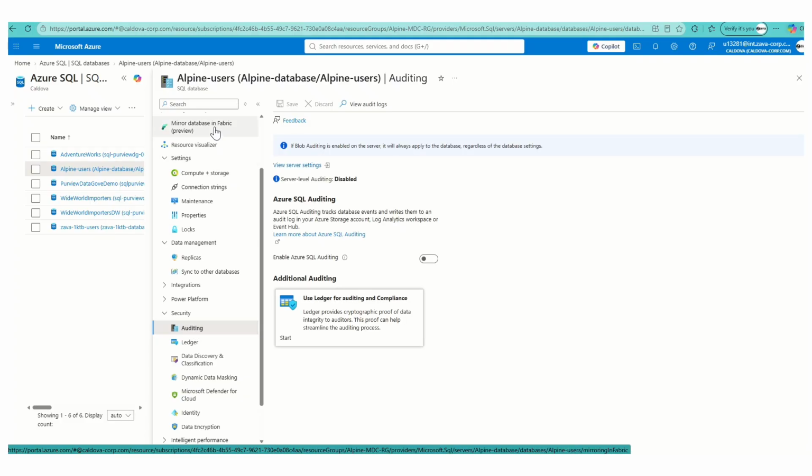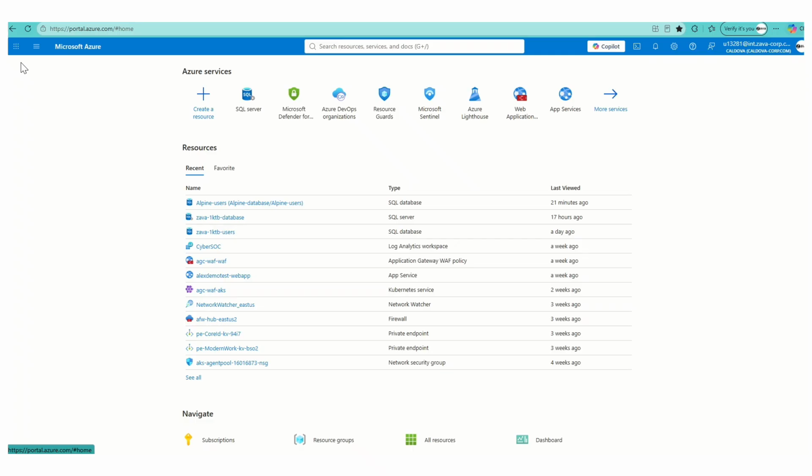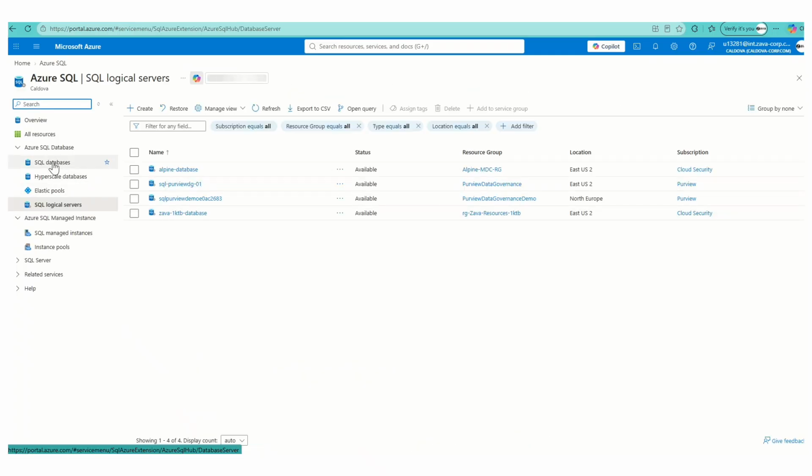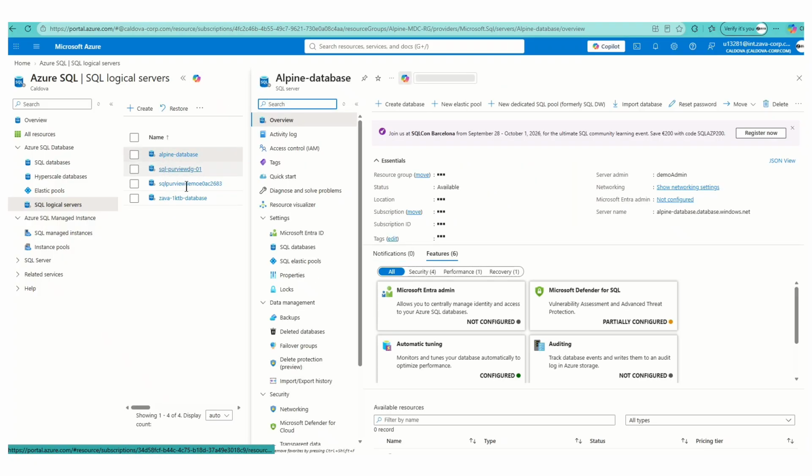And I wanted to go back into the server itself, the logical server, and we have a couple over here.